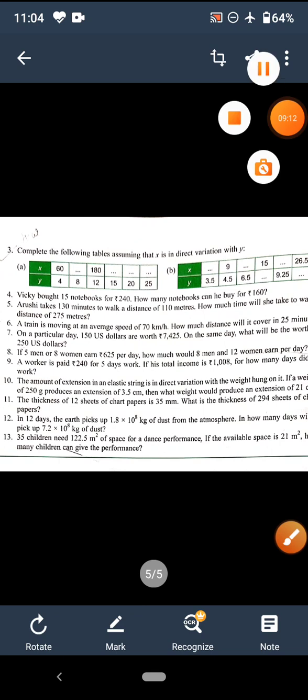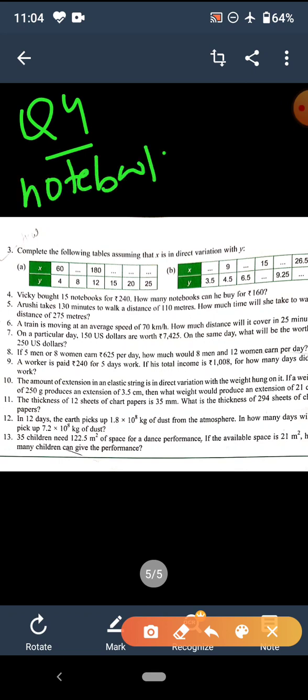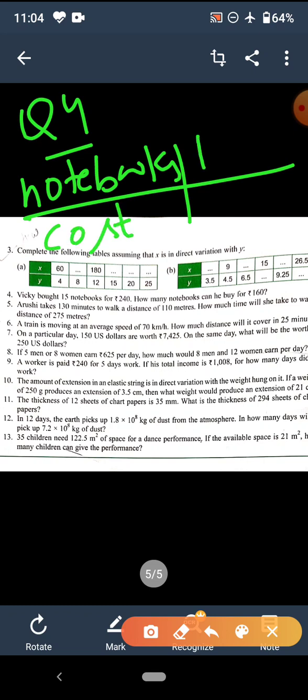Okay, now question number 4. Question number 4 is, Vicky bought 15 notebooks. So you will make two columns, one for notebooks, another for cost. So notebooks are 15, the cost is 240. The cost is 160. So how many notebooks can you purchase for 160 rupees?